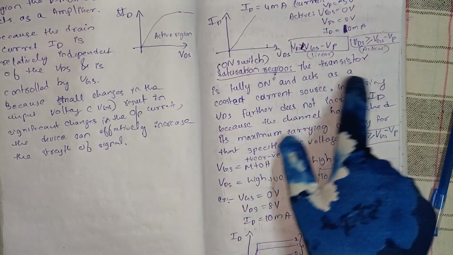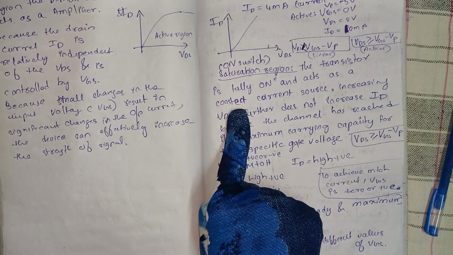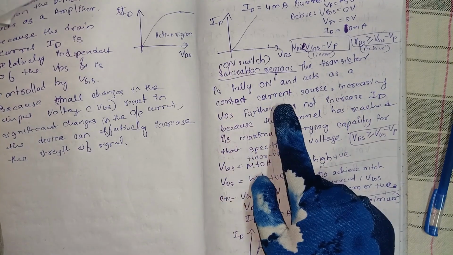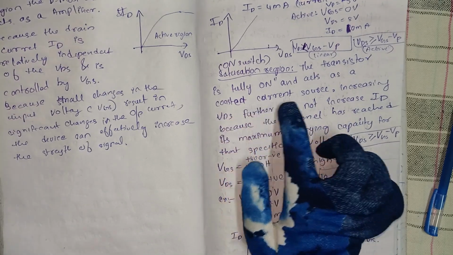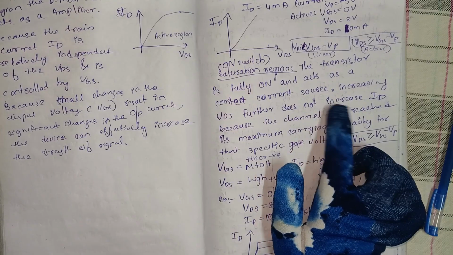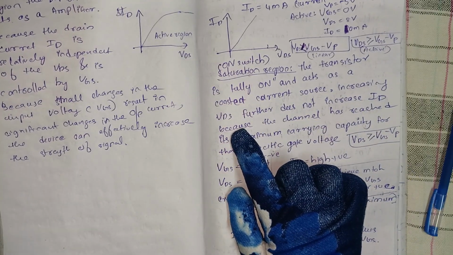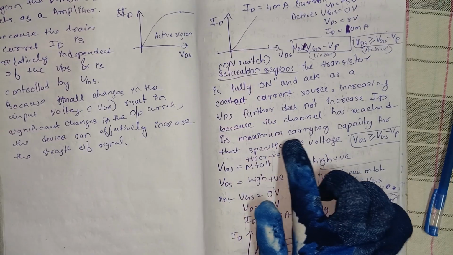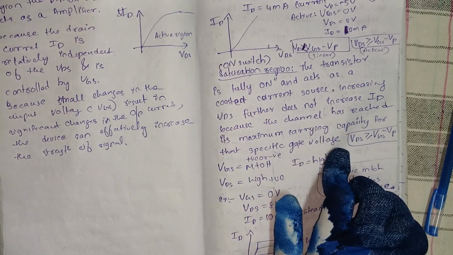Then the saturation region. The transistor is fully on and acts as a constant current source. Increasing VDS further does not increase ID, because the channel has reached its maximum carrying capacity for that specific gate voltage.